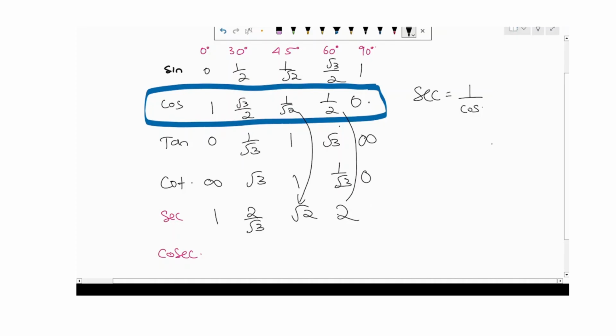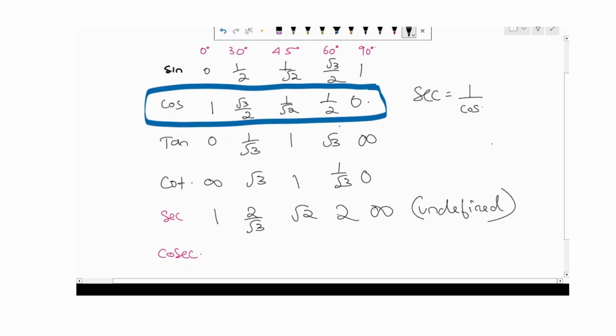Then the last one is important. Sec 90 degrees, the reciprocal of cos 90. That is 1 divided by 0, that is infinite, undefined. In a few textbooks or with a few teachers, they will write the infinite symbol, or you can write it in words, that is undefined.